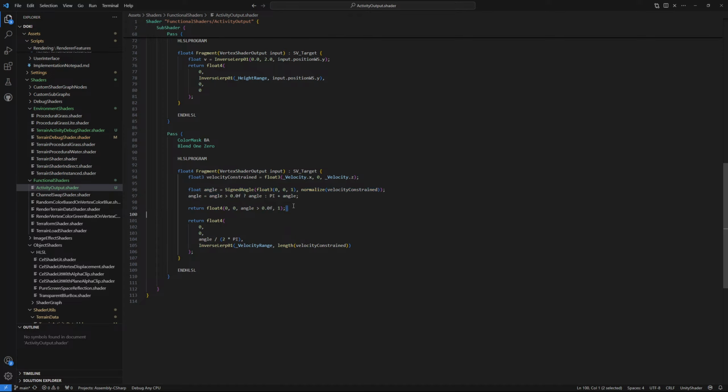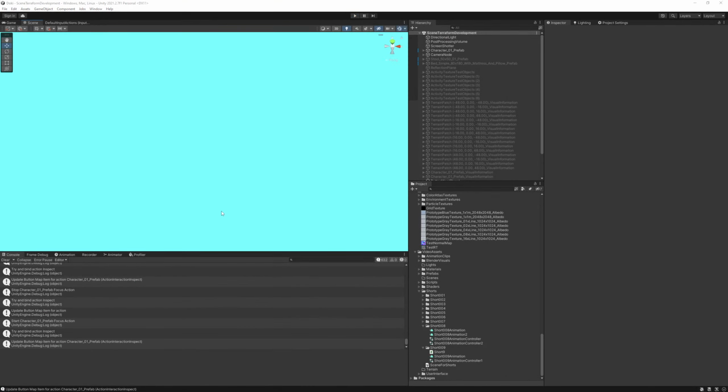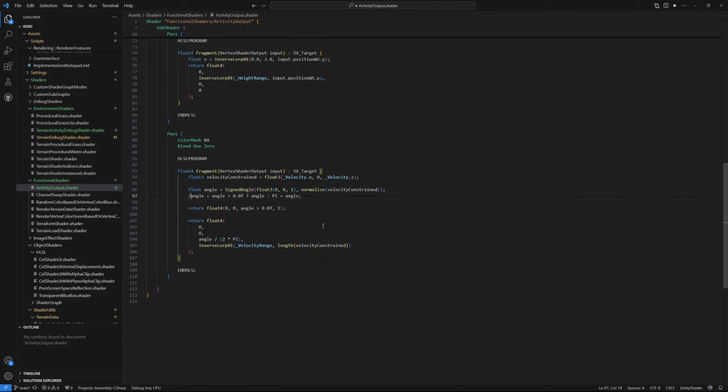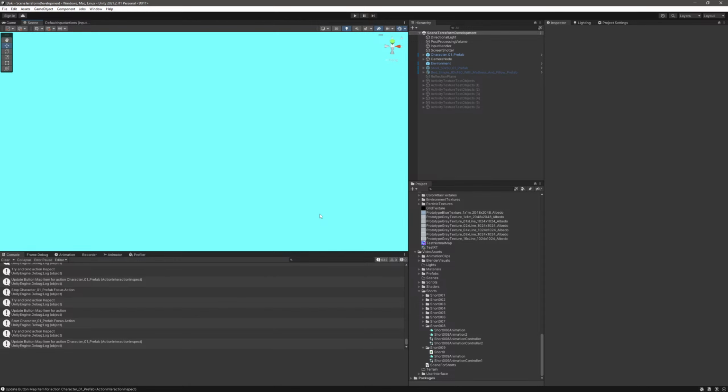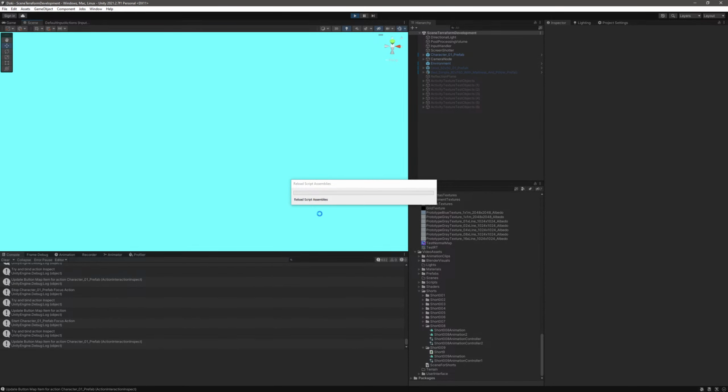Ah, what the fuck? Let me do this as well. So I just want to output 1 if the angle is bigger than 0, black otherwise.